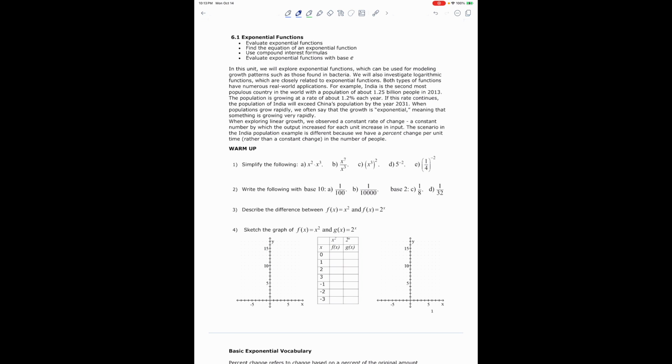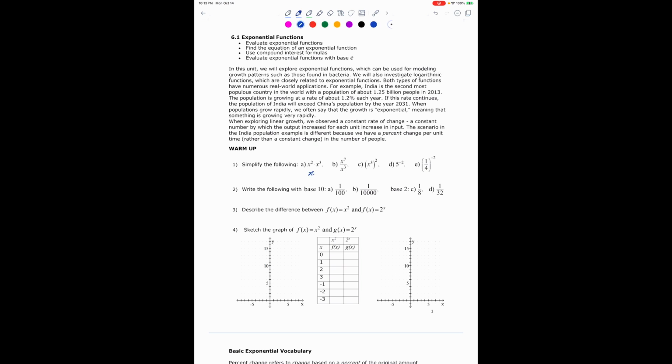The first skill that you need to refresh is how to simplify these expressions and how to deal with exponents. For the first example, notice how we have the same base. So in order to answer that question, we're going to keep the same base and add the exponents together.